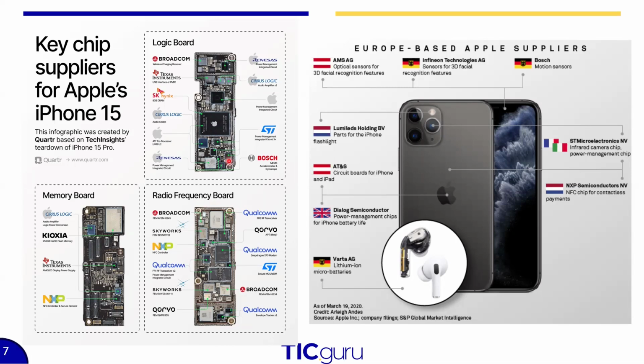I am not getting into the details of how these chips come to be. The image on the right is only talking about the European companies who are supplying components of the iPhone.